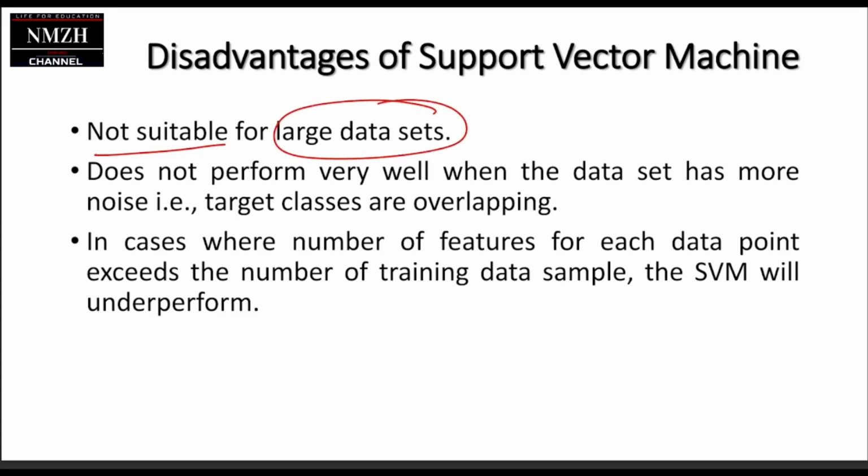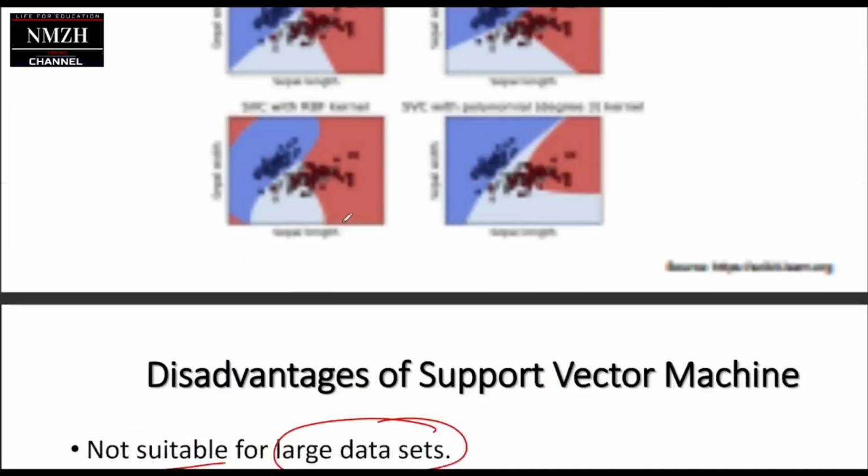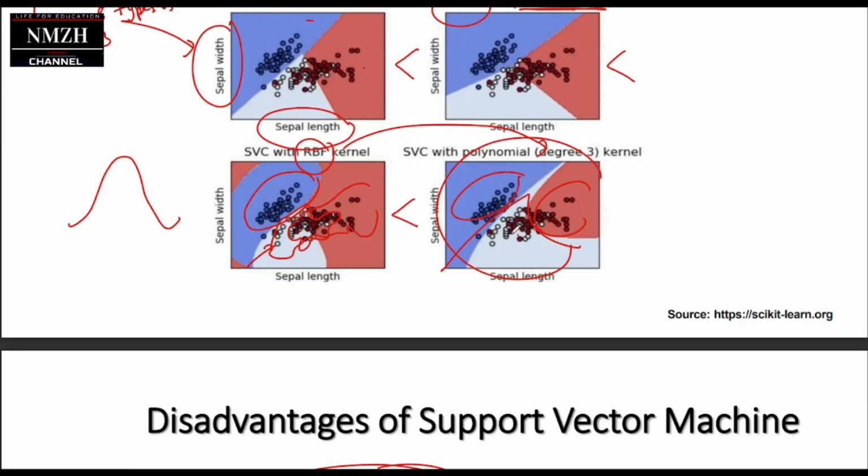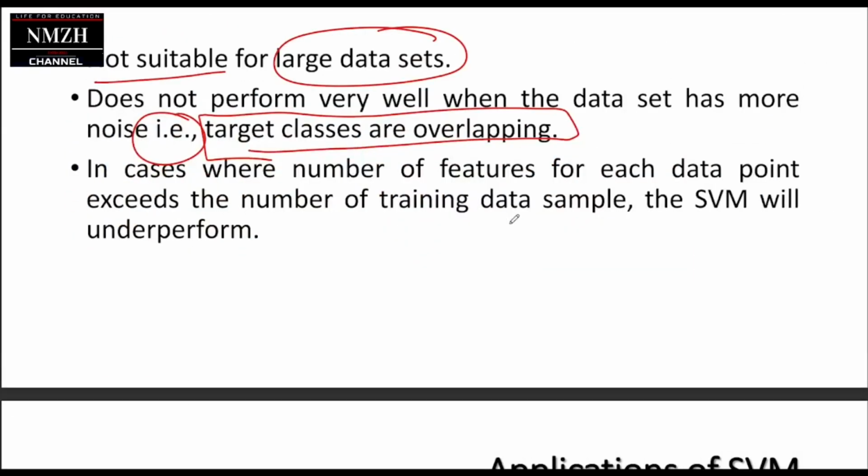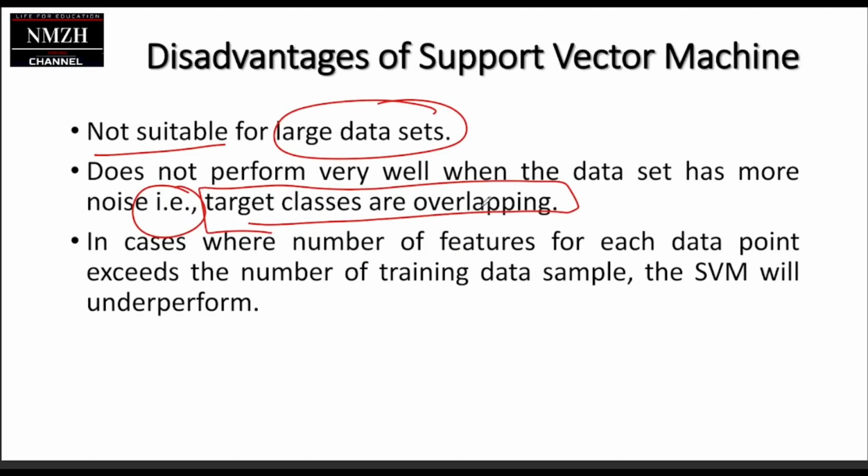It is quite okay for intermediate or middle-sized data sets. It does not perform well when the data set has more noise, whereby the target classes are overlapped. So whereby this is happening here. This is not very good, but it's still performing.